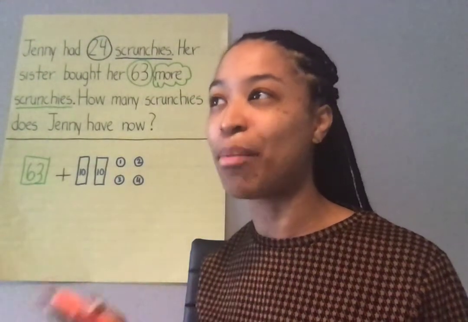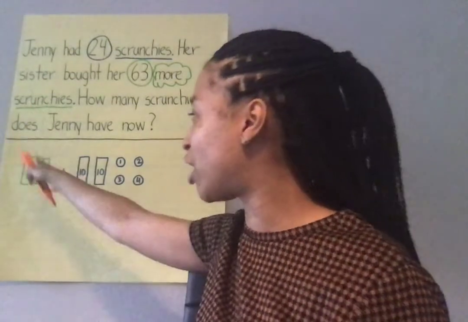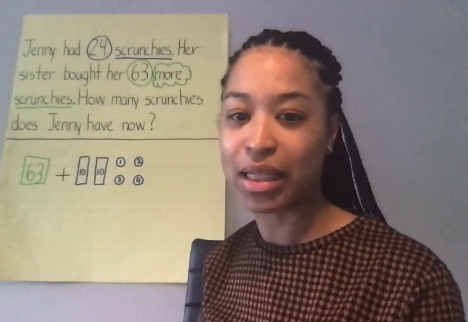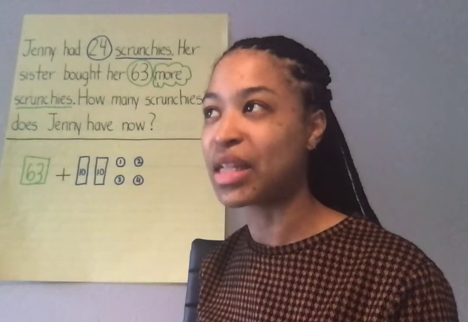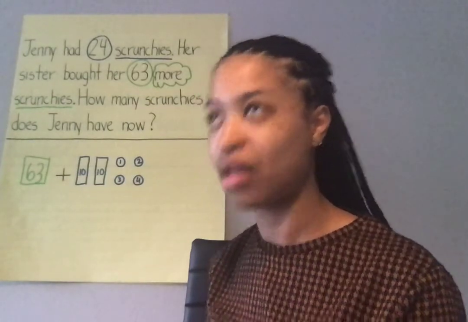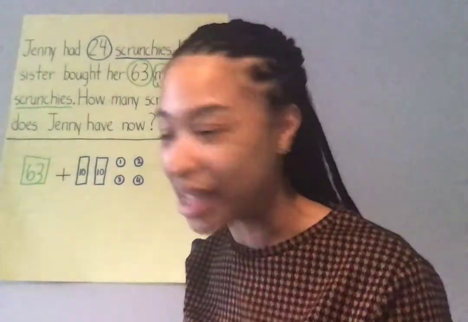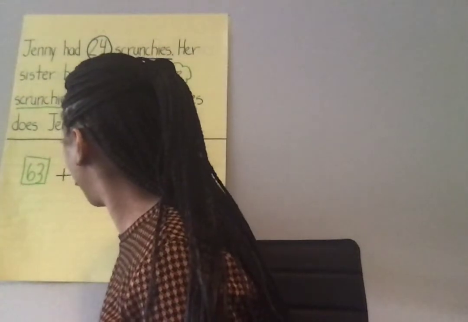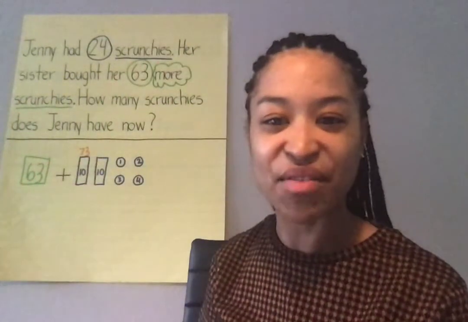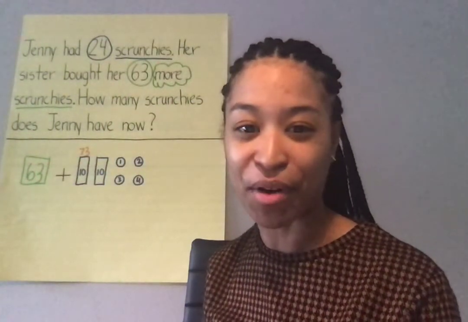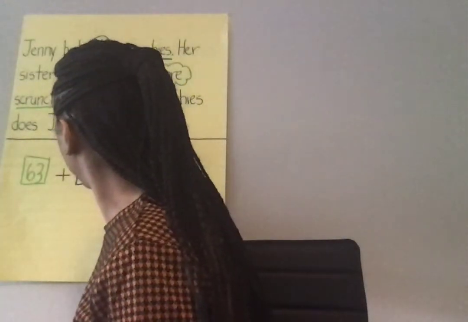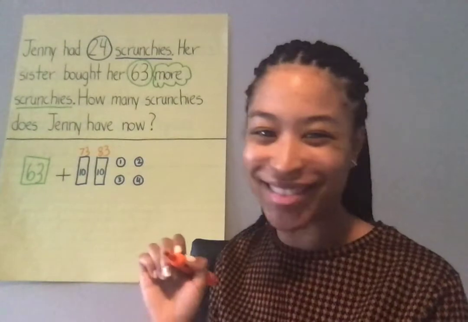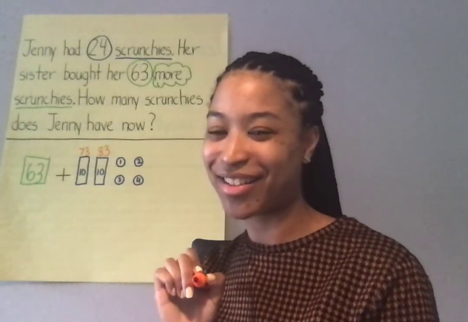If I'm counting on by tens, and I'm starting with the number 63, let's see. 63, 73. What comes after 73? Write it on your paper. Did you write 83? Oh, you're so smart.